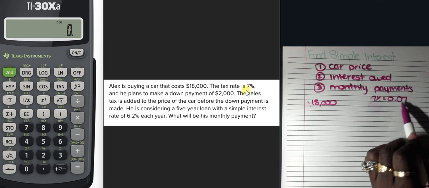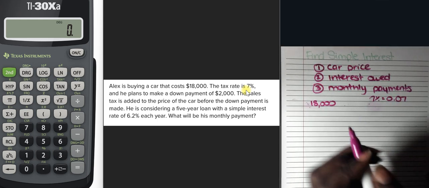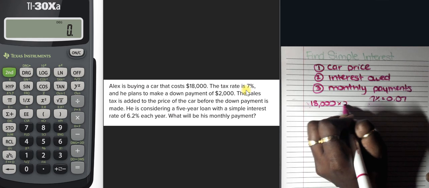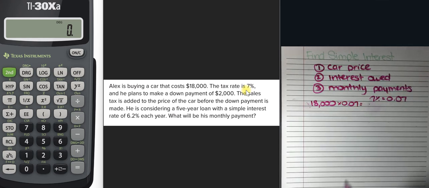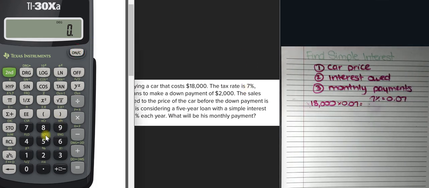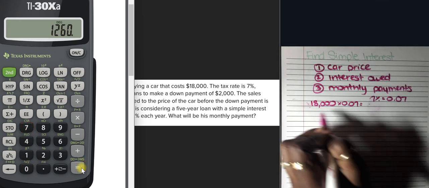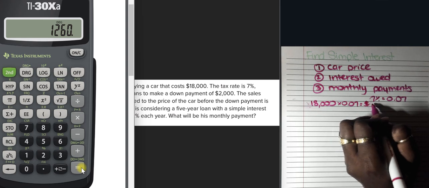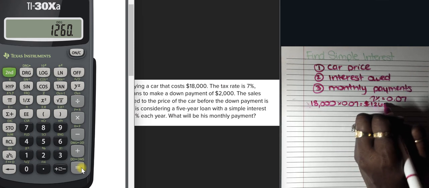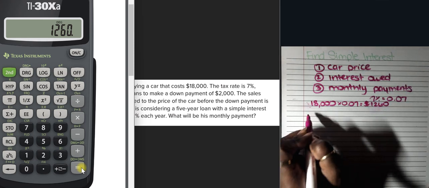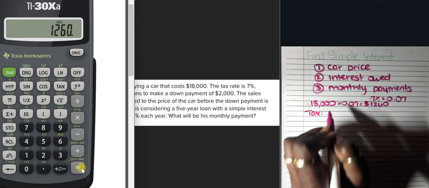Remember, I just moved my decimal 2 places to give me that. So I'm going to multiply 18,000 times 0.07. So I have $1,260. This is the tax dollar amount, $1,260. So this is our tax.